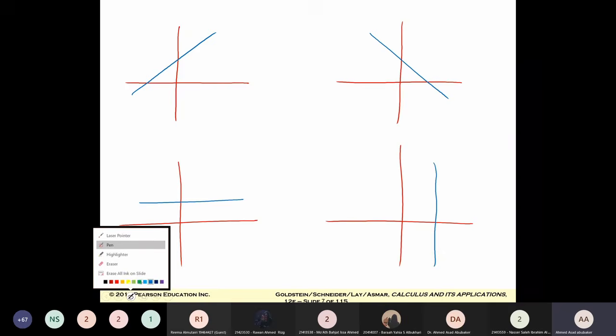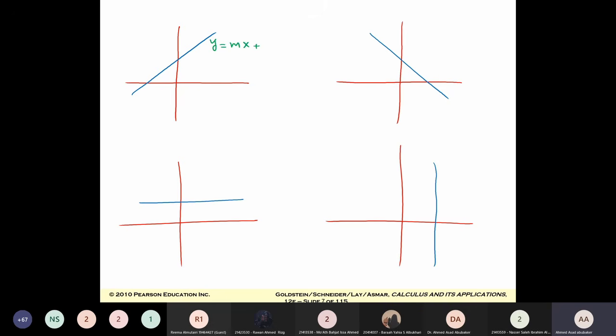If we have an increasing line, the equation is y equals mx plus b, and the slope m is greater than 0, and the y-intercept is this point b.